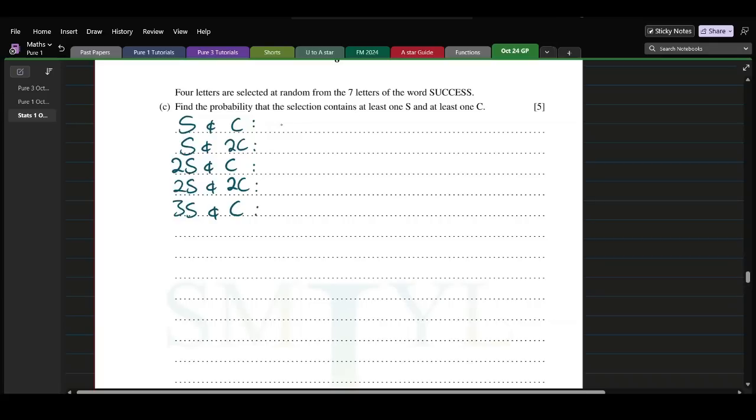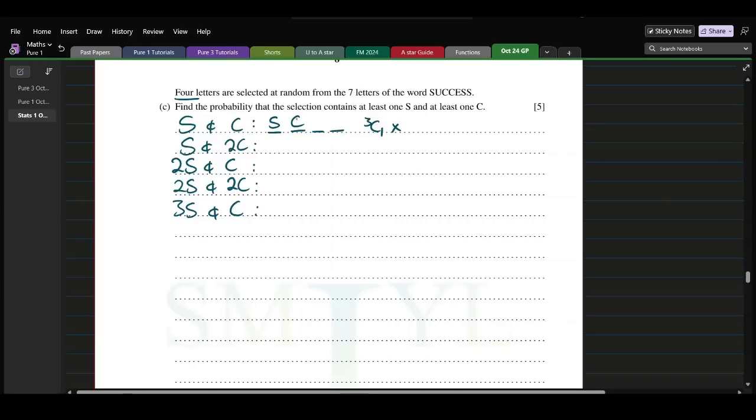For the first scenario, we've got 4 slots, 1, 2, 3, 4, since we're selecting 4 letters. We've reserved 1 slot for an S and 1 slot for a C, and then the rest are for the remaining letters. We've got a total of 3 S's, but we only want one of them, so that's 3 choose 1.